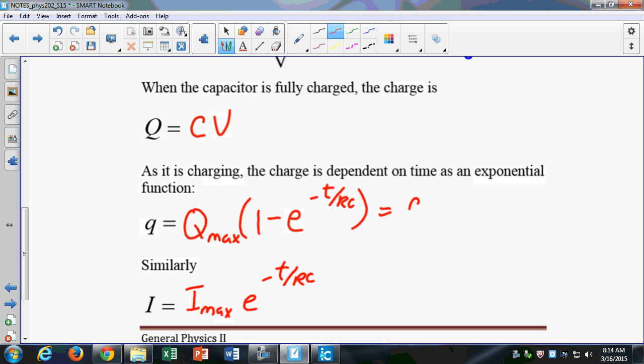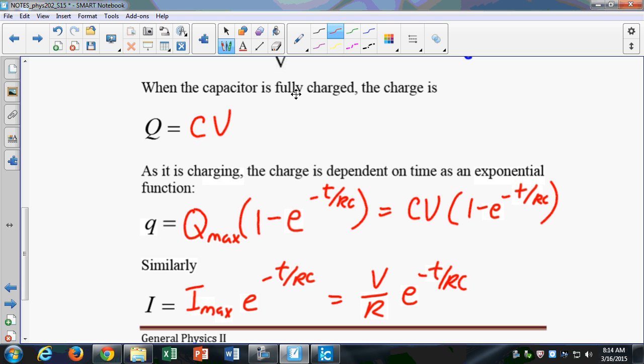Our maximum charge is CV, so it's CV times 1 minus e to the minus t over RC. And our maximum current is V over R, just from Ohm's law. Both of these expressions are on your equation sheet, and you could have a simple problem asking, as you're charging a capacitor, what is the charge or the current at a particular time?